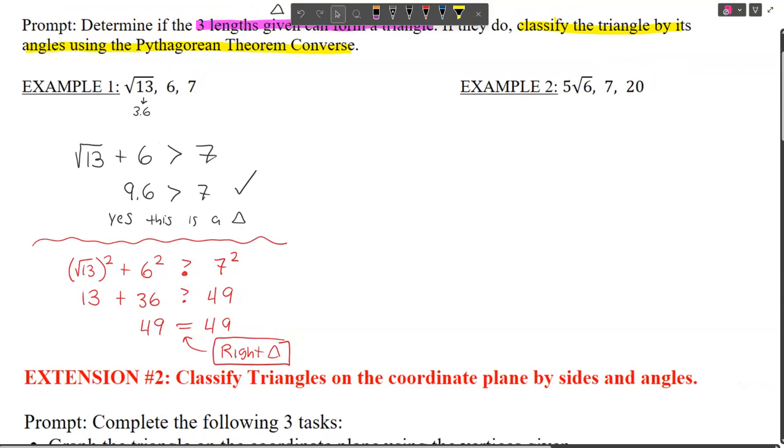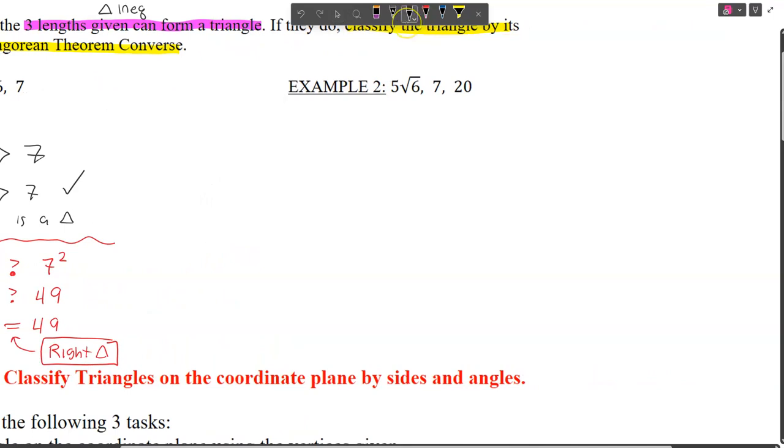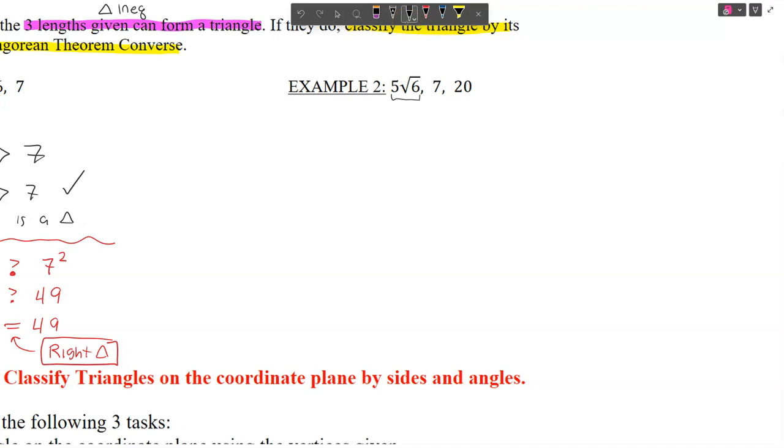So you try the triangle inequality theorem first to see if it's a triangle. If it is, you proceed to use the Pythagorean converse. Let's try that on the second example. First, let's figure out which of these is the shortest side. If I put 5 root 6 in my calculator, the decimal approximation is 12.24. To test this, we take 5 root 6, add it to 7, and it must be larger than 20 for this to be a triangle.